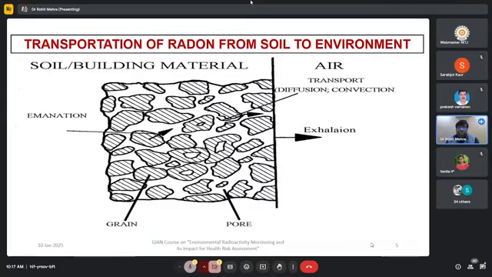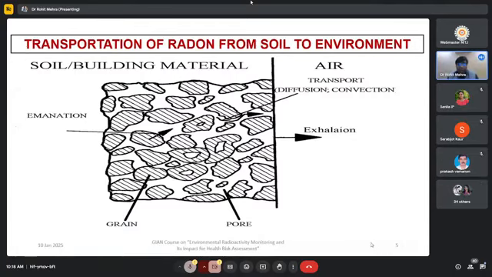Sometimes, due to this high contamination of radon, some tissues are killed and some diseases are cured. That is radon bionology. There is another field where people are working. Of course, we are not working in those areas.